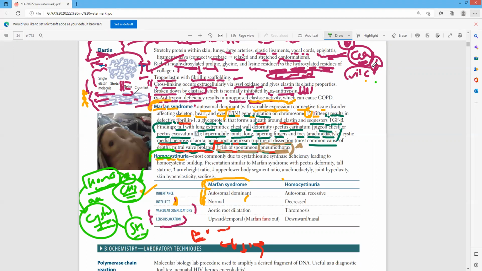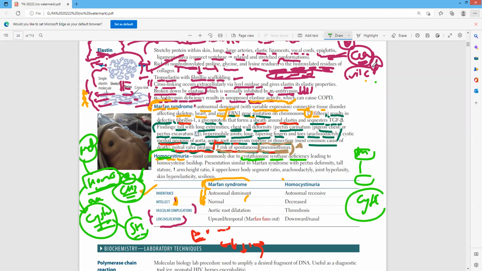We'll associate that with methionine. We will see that in detail, but for now, know that homocystinuria is due to cystathionine synthase deficiency. Cystathionine is the intermediate between homocysteine and cysteine.